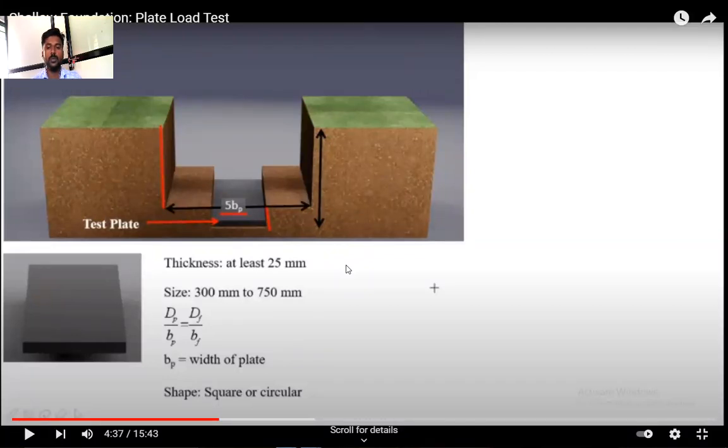Then this ratio dP by BP should be nearly equal to dF by BF, the depth to width ratio.